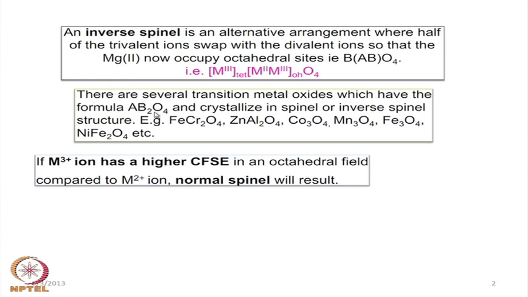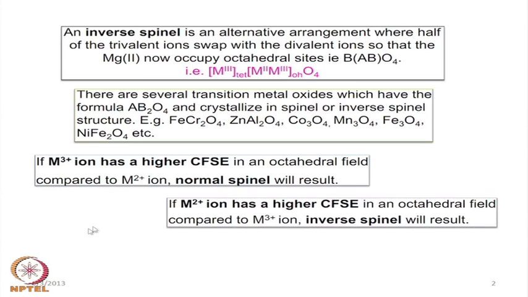In AB2O4, if both metal ions in the trivalent state can give rise to higher values of crystal field stabilization energy, and they are 2 in number, the stabilization energy will be doubled. So, we get the corresponding stabilization of the M3 plus ion in the octahedral field, and we get the normal spinel, and definitely M2 plus is pushed into the tetrahedral field.